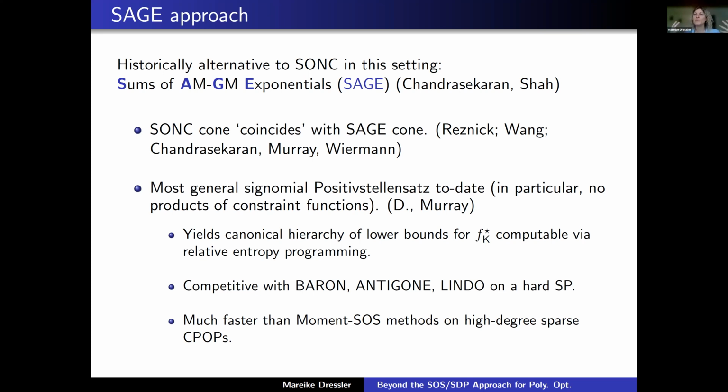Two approaches were developed: one in the polynomial case, which is the SONC case, and one coming from engineers more in the zygnomial setting, and they called this approach SAGE.